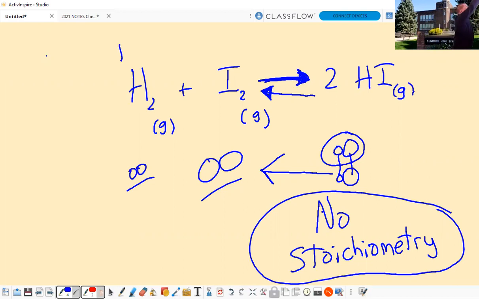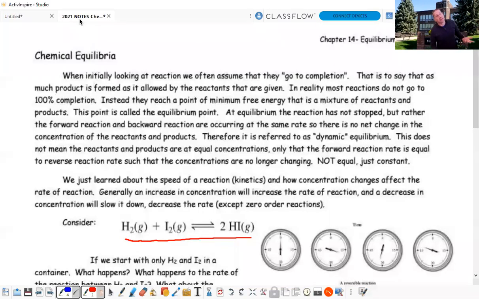Because if we said, 100 grams of this reacts, how much of that are you going to make? That's stoichiometry. Well, you're not going to make that much because we just said this thing starts to go back in the other direction. So we have to introduce a new concept and a new topic. So that's what equilibrium is all about. All right, so let's read through this together and we'll get to what we need to learn for this.